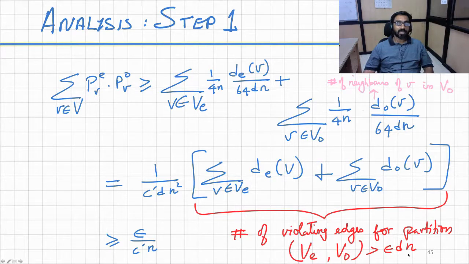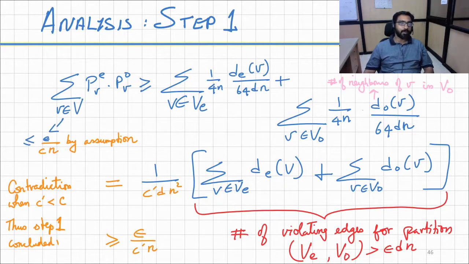So if we plug this epsilon dn over here, we will end up getting a bound of epsilon over C prime n, because this dn will cancel out with this d and one of these n's. So we'll be left with this summation being at least epsilon over some C prime n. But keep in mind, our assumption was that this giant summation is actually less than epsilon times Cn.